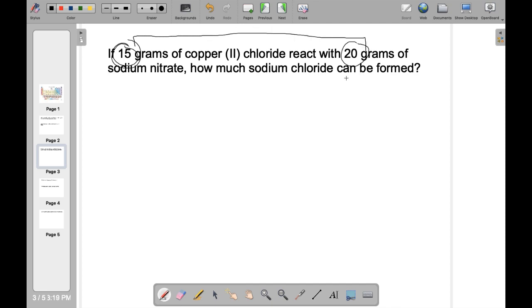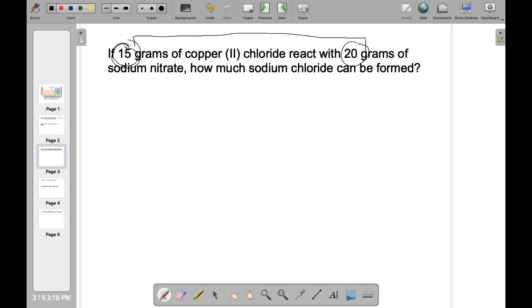Here's my point. I might need to use all 15 grams of copper 2 chloride to react with 20 grams of sodium nitrate, but I might have some sodium nitrate left over. Or I might need all 20 grams of sodium nitrate and have some copper chloride left over.